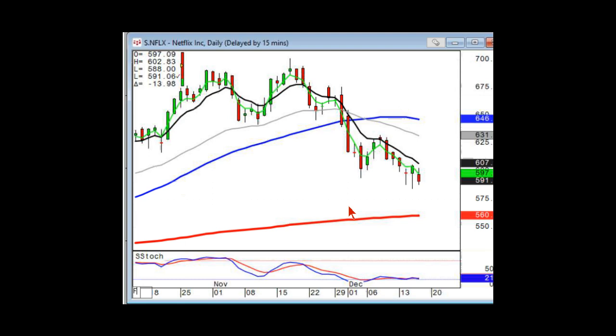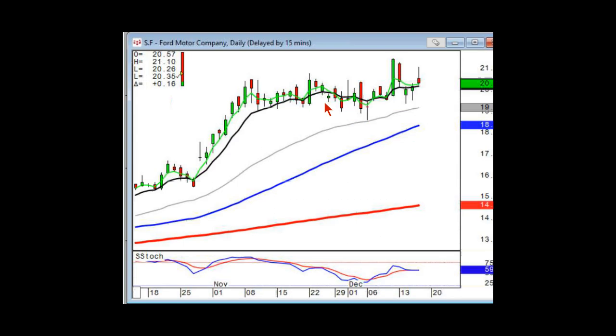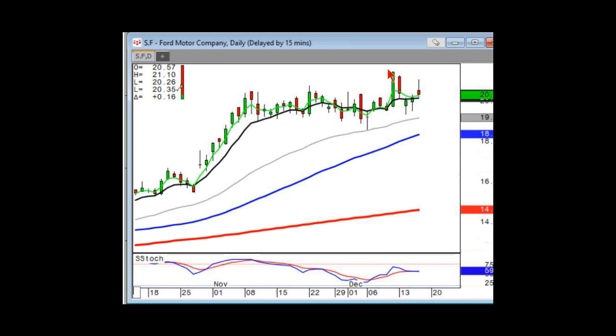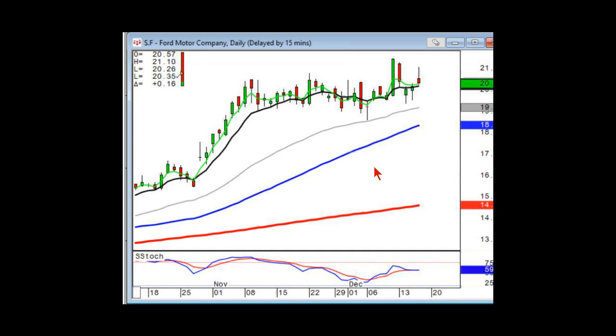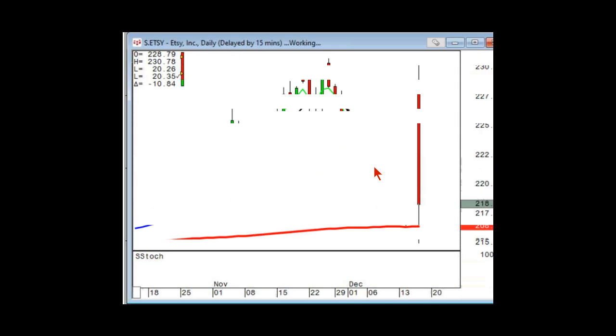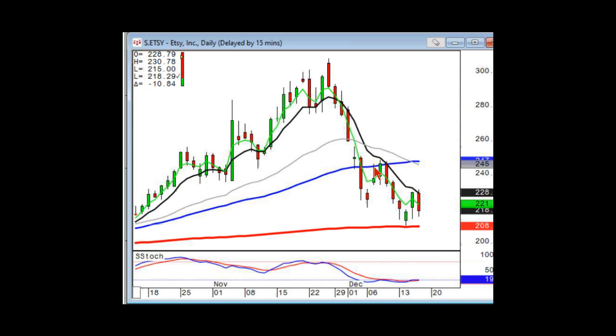Ford we did. Ford has got this little slow curve. Wave 1, wave 2. I'd be a buyer of this one, but I'd probably be more active buyer above that level. Etsy, if you happen to stay short, stay short.